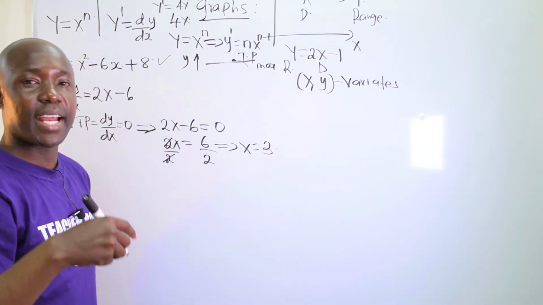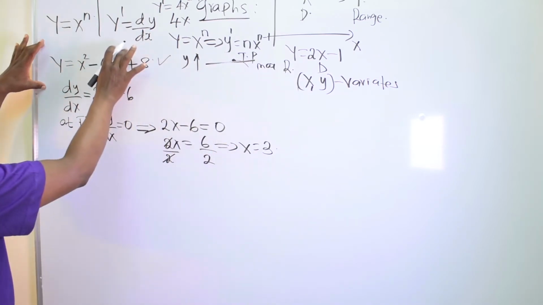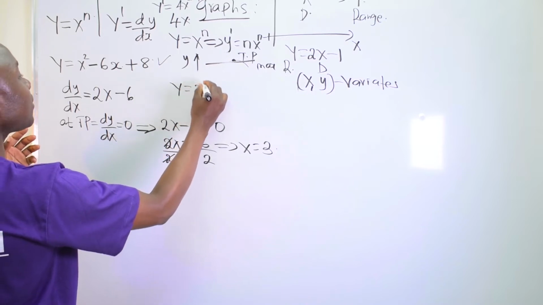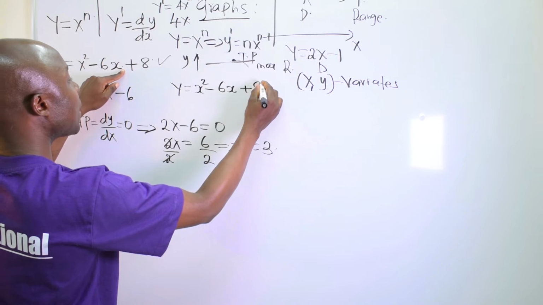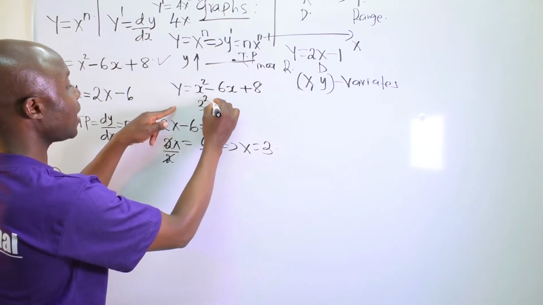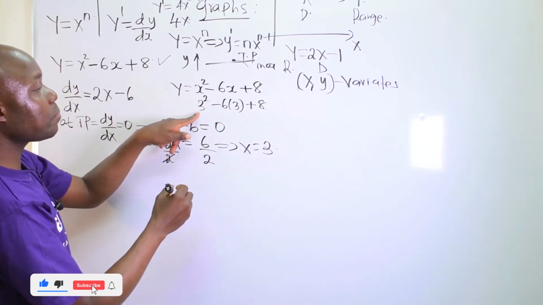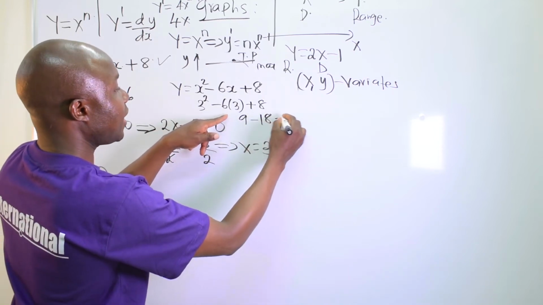And you know very well, many times you do in arithmetic, when you have the value of x, you can get y. Because from our initial equation, we were told y is supposed to be x squared minus 6x plus 8. And taking x to be 3, I will square 3 minus 6 into 3 plus 8. So this provides 9 minus 18 plus 8.